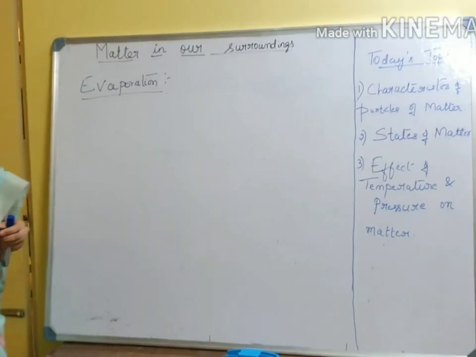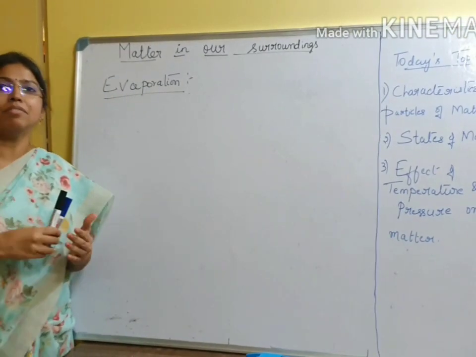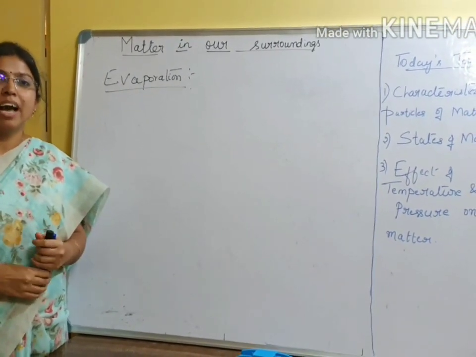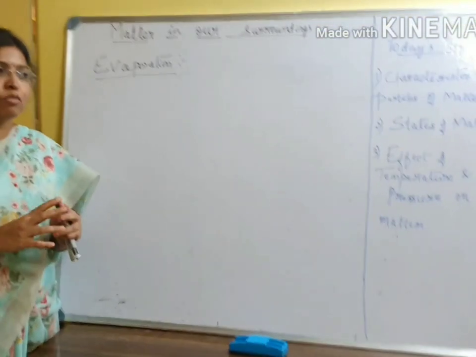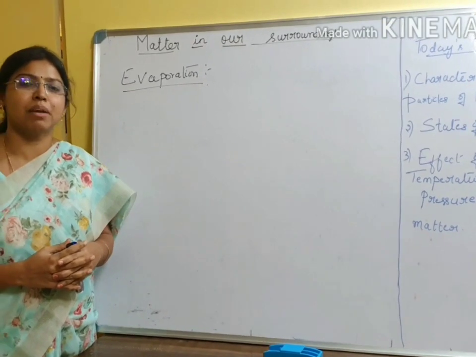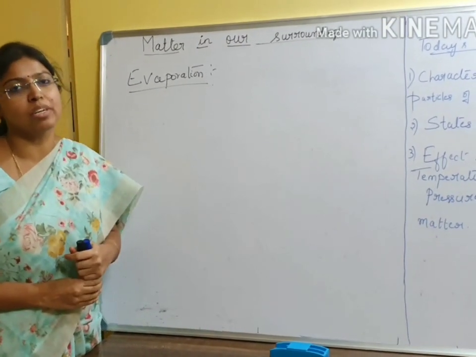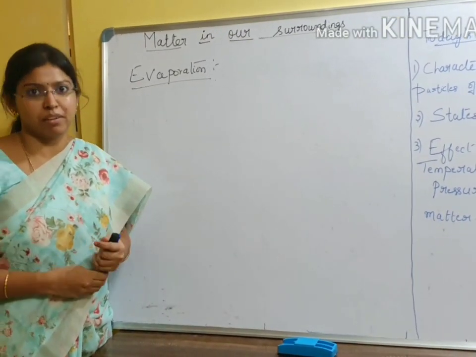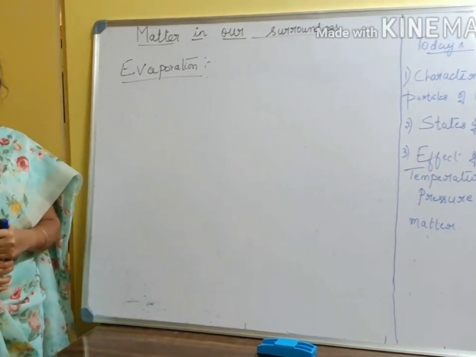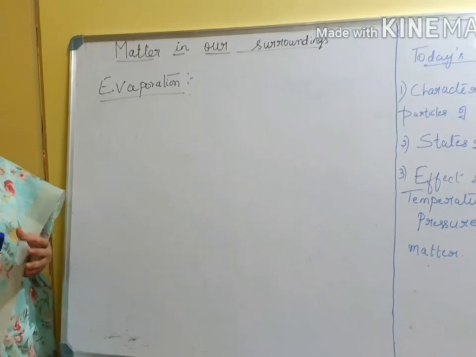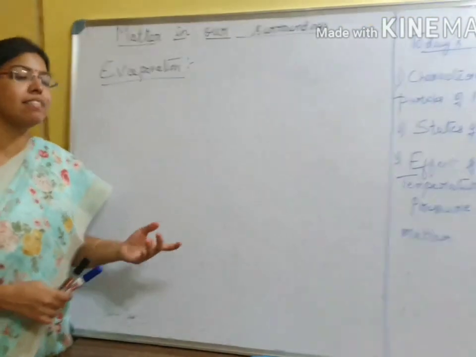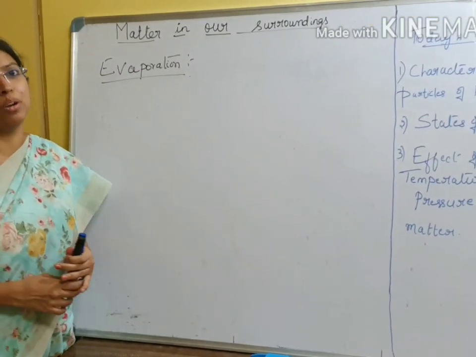During evaporation, the surface particles of the liquid acquire more kinetic energy than the particles which are beneath. Therefore, they lose the force of attraction between them and they change the state to gas and they become vapor. And also the particles of the liquid absorb energy from the surroundings and leave the surface cool.